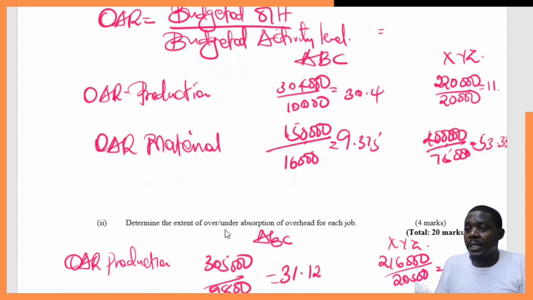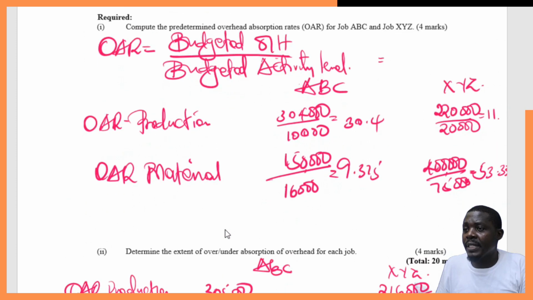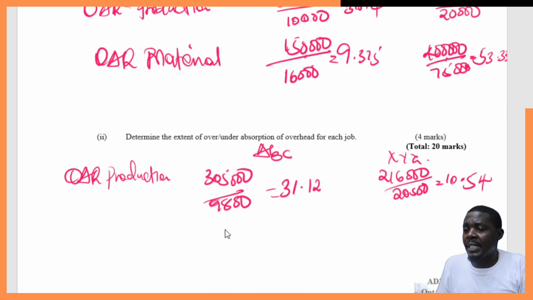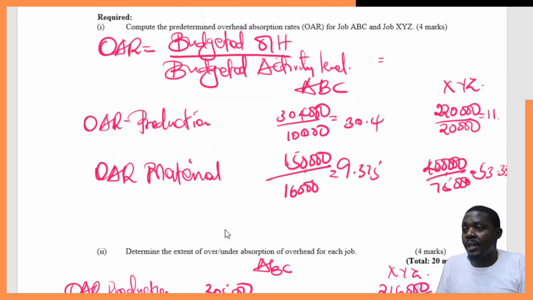For material, we are given that it was 147 for ABC, divided by 15,990. 147,000 divided by 15,990, we have 9.19. Then the other side for XYZ, we had 395 divided by 7550.